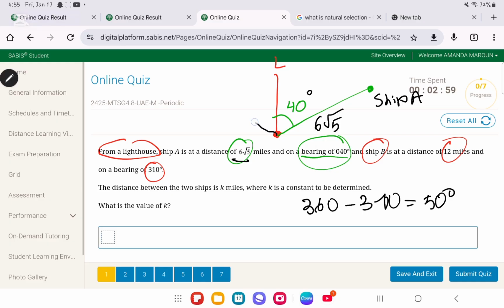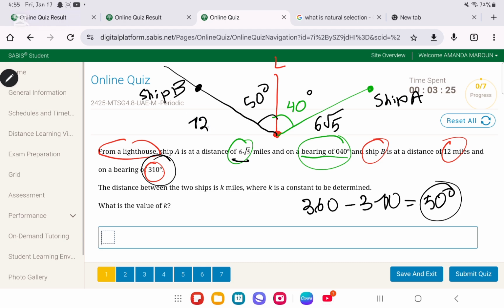So it's gonna be something like this. And it has a bearing of 310 degrees, or in our case, because we did it from the other side, it's gonna be 50 degrees. Okay, so over here is ship B. They told us it's at a distance of 12 miles, so this over here is 12 miles.